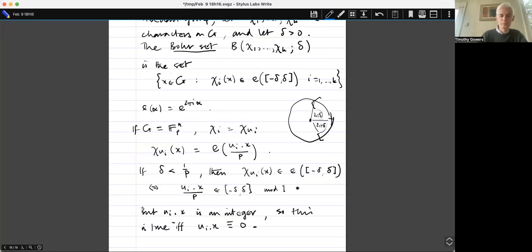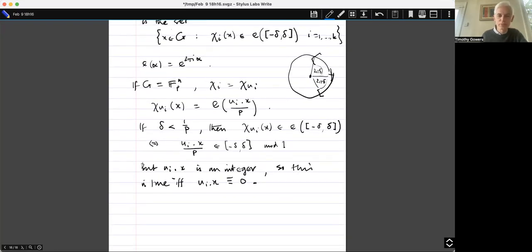So in that case, the Bohr set B(chi_1, ..., chi_k; delta), again still assuming that delta is less than 1 over p, is the set of x such that u_i dot x equals 0, i equals 1 to k.